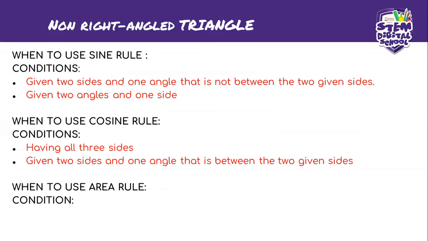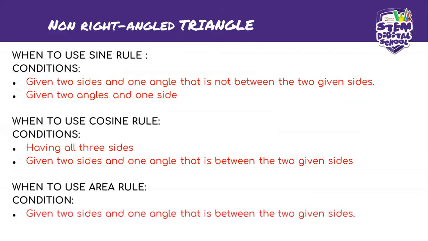Now, the last one is when to use the area rule. If, for instance, you are being asked to calculate the area of any triangle, then you must meet the following condition before you can calculate that area: given two sides and one angle that is between the two given sides.